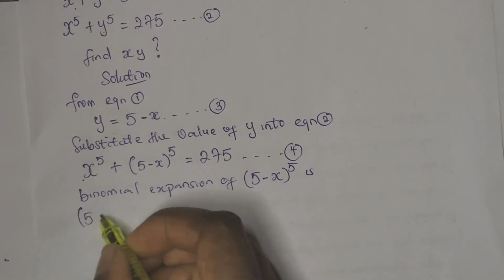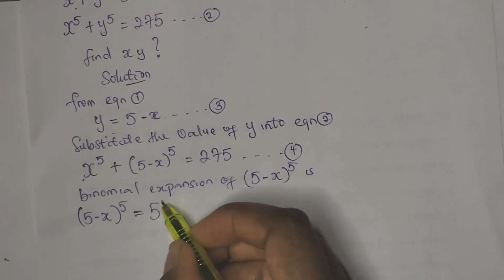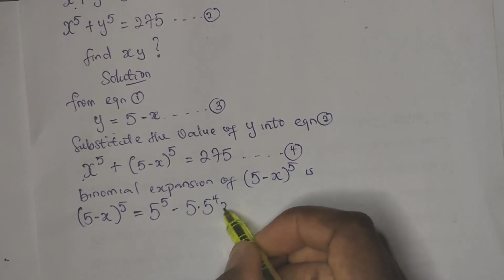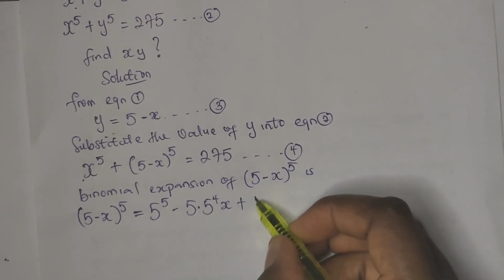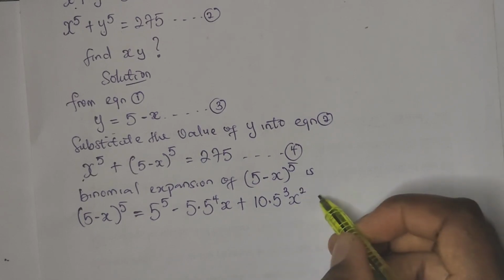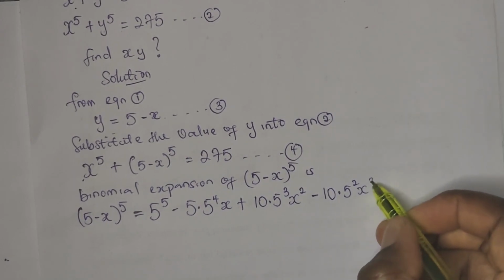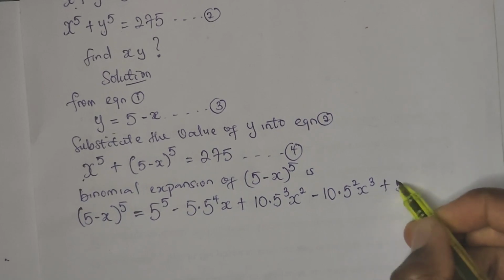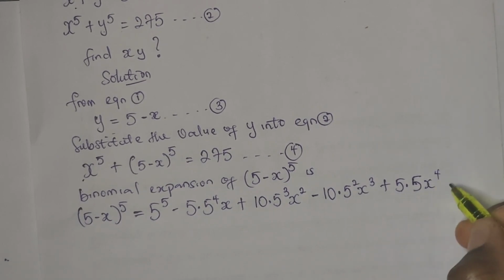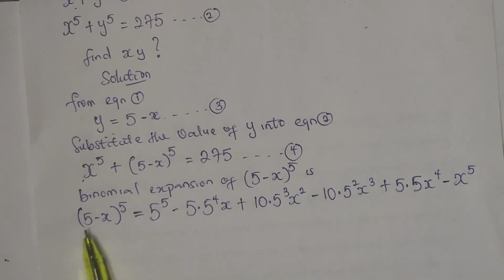So we have 5 minus x all to the power of 5 to be equal to 5 to the power of 5 minus 5 times 5 to the power of 4 times x plus 10 times 5 to the power of 3 times x to the power of 2 minus 10 times 5 to the power of 2 times x to the power of 3 plus 5 times 5 times x to the power of 4 minus x to the power of 5. So this is a binomial expansion of this expression.